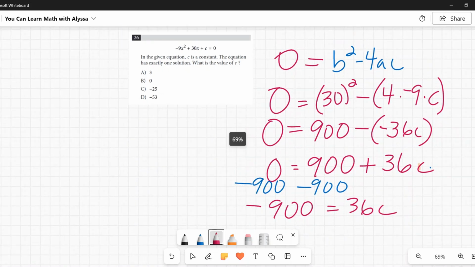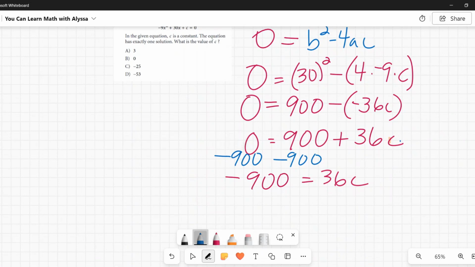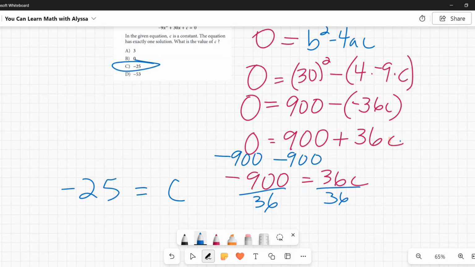And I keep going lower and lower because I write too big. To undo that times 36, I'm going to divide by 36. And when I do that, boom, I get c is equal to negative 25. And that is my answer.